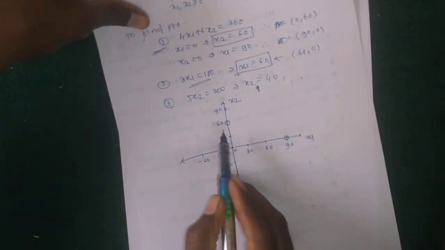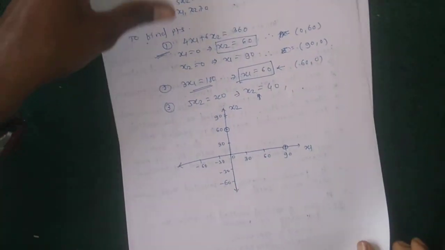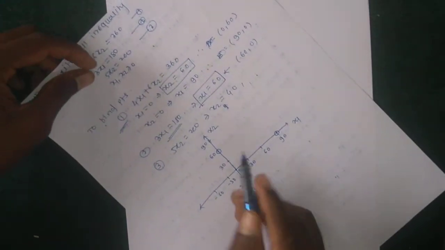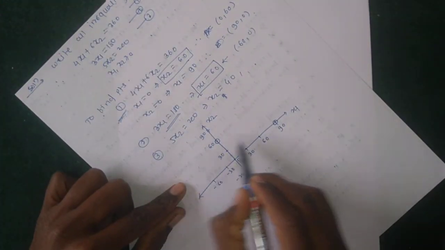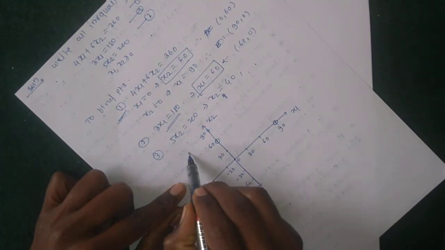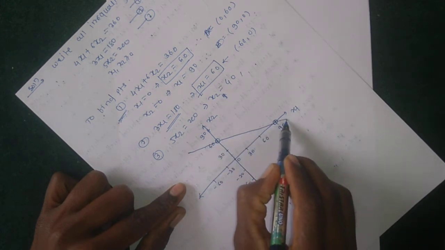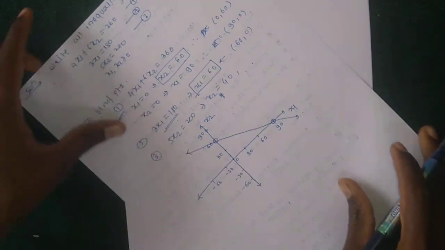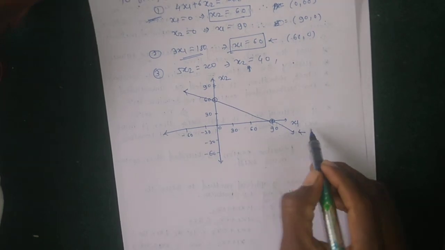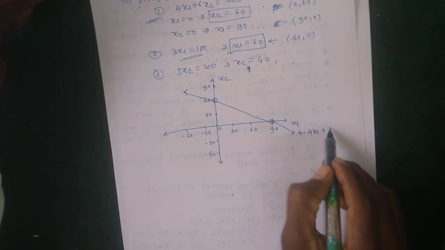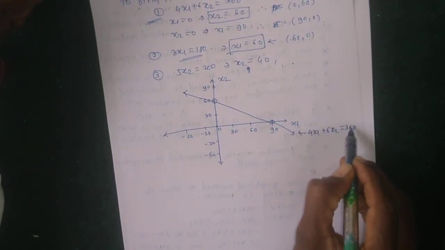So join these 2 points, and we get the line 4x1 plus 6x2 is equal to 360.